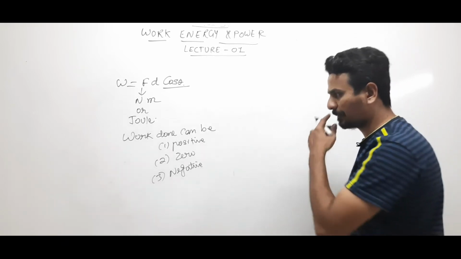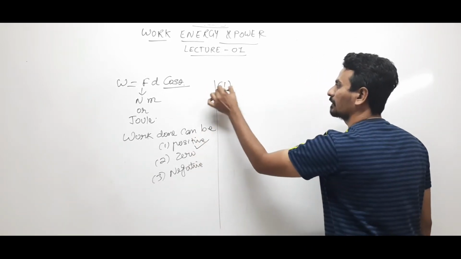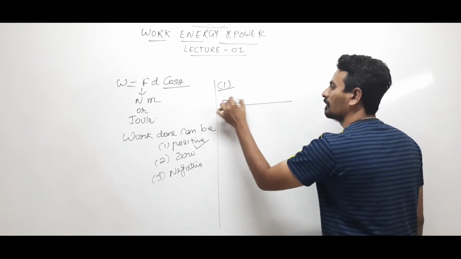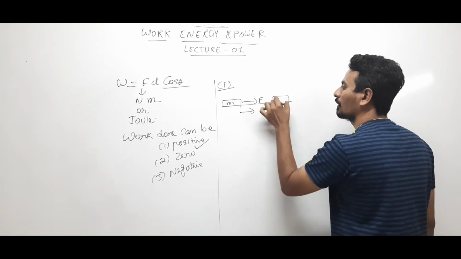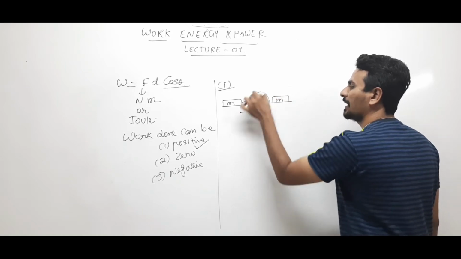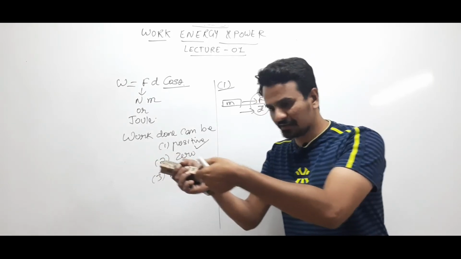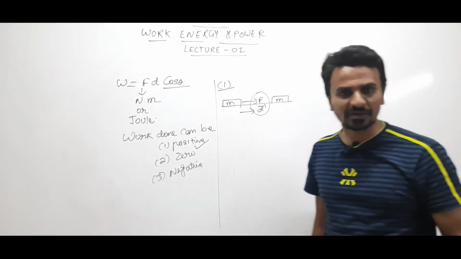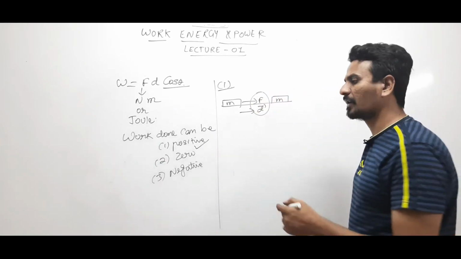We will see one example. See, in our case, let us discuss first case. When both force and displacement of the block are in same direction, if I am applying a force on any object, and if it displaces in the direction of the applied force, then the angle between F and D will be 0 degree, right? So work done will be positive.